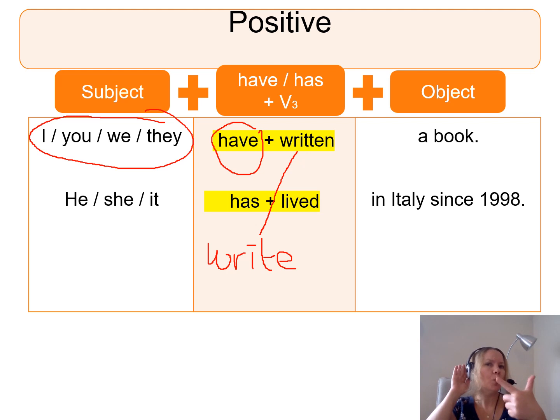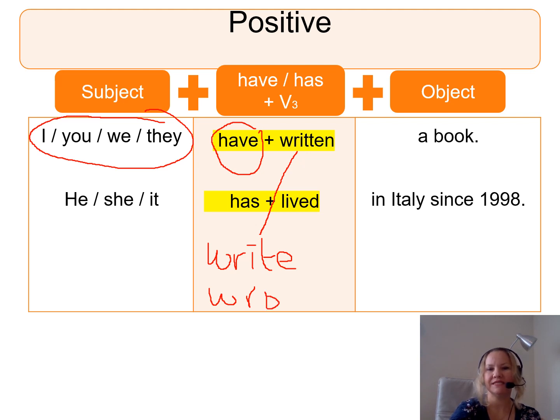Write. Absolutely fantastic. It is wrote. So this is the simple past tense. So write is verb 1, the basic form.